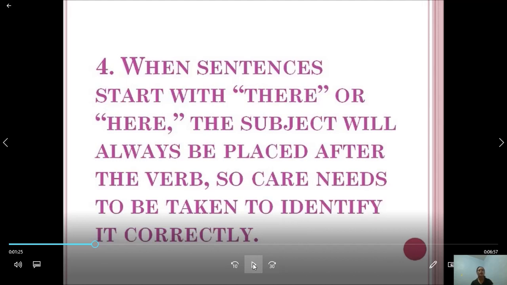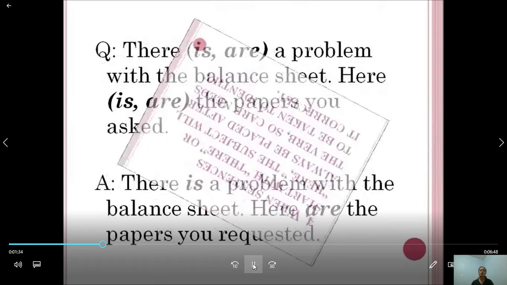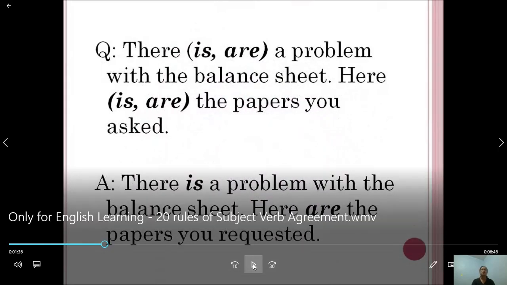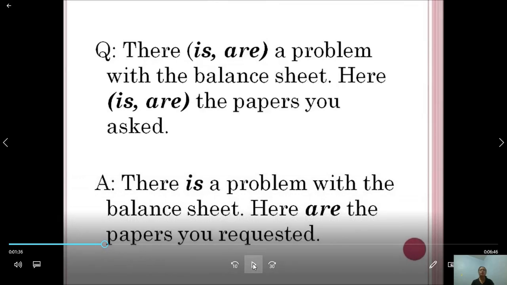Let us take a look at the example for the number 4 rule. Question: There are a problem with the balance sheet. Here are the papers you ask.